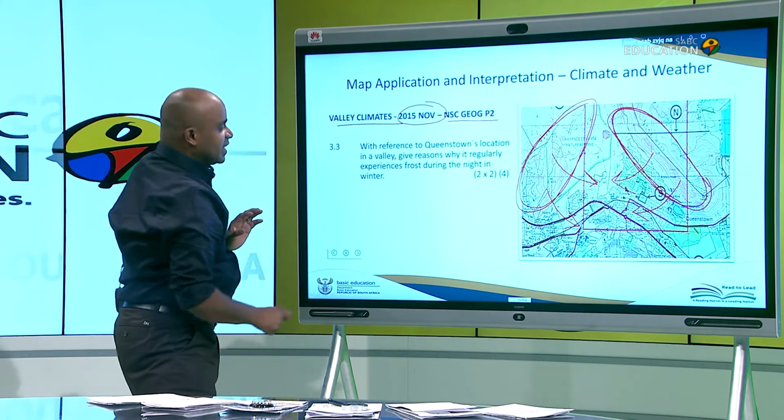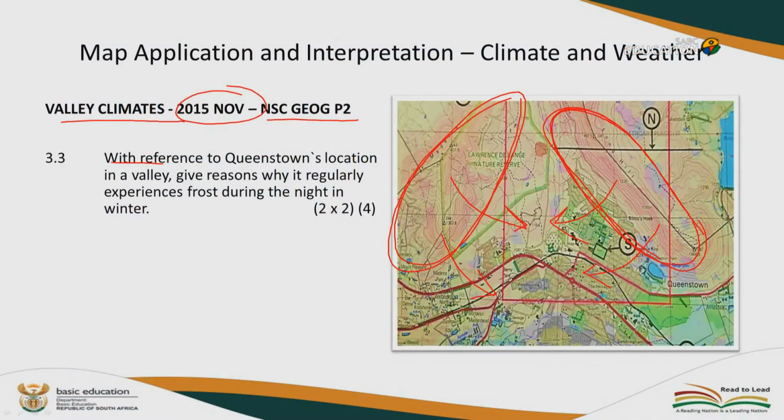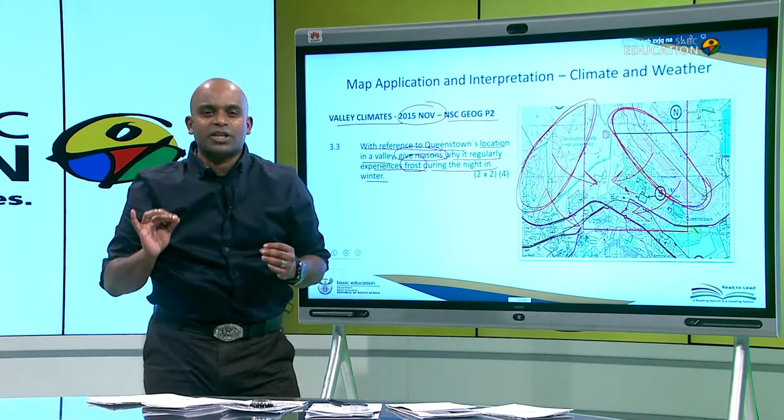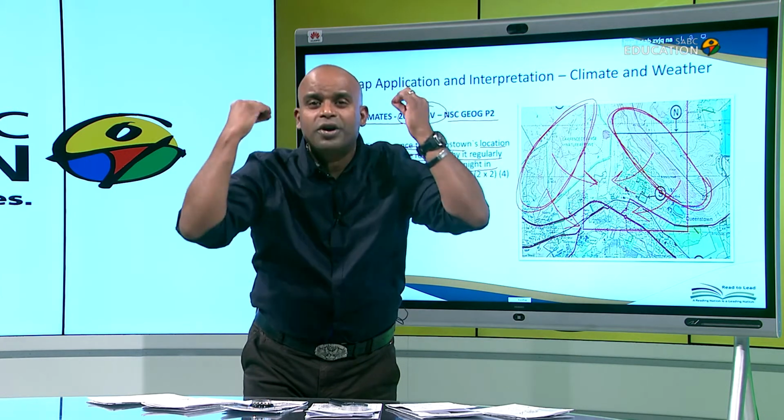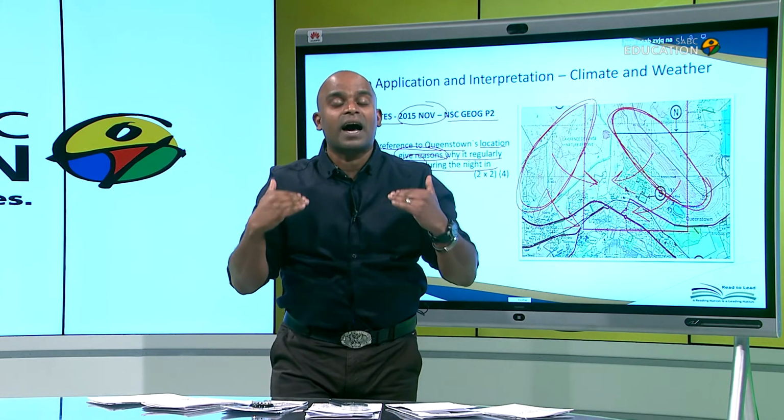In this particular examination: with reference to Queenstown, its location in a valley, give reasons why it regularly experiences frost, a condition associated with, yes, katabatic winds during the night in winter. If we're analyzing this particular question, we can immediately see that the question already has predetermined our knowledge.